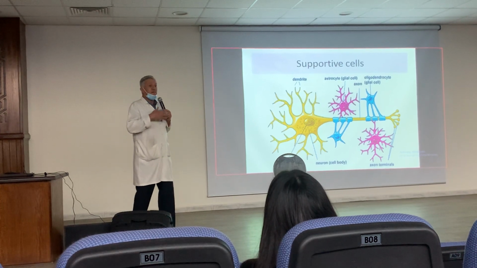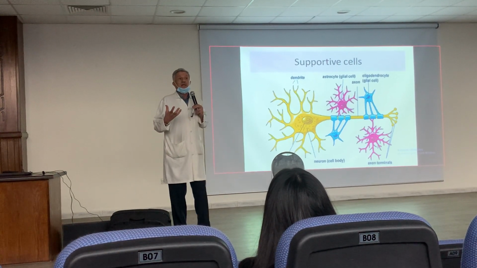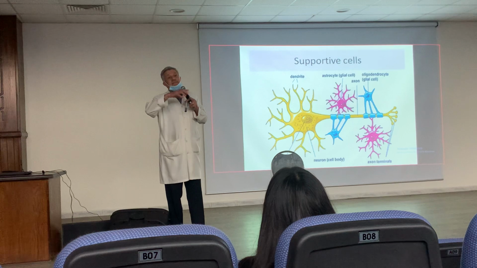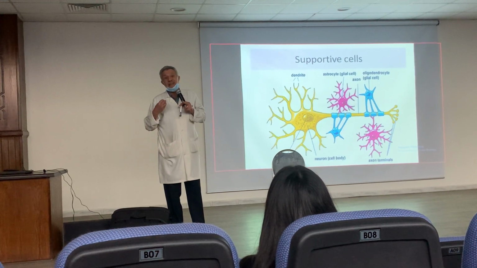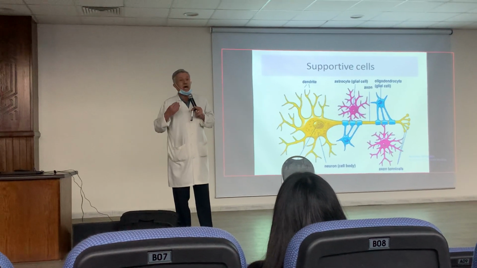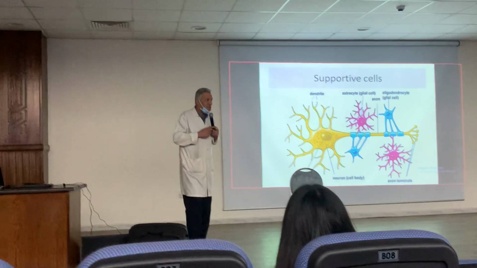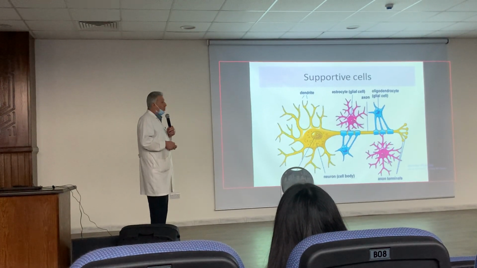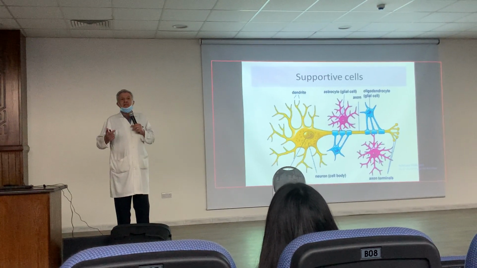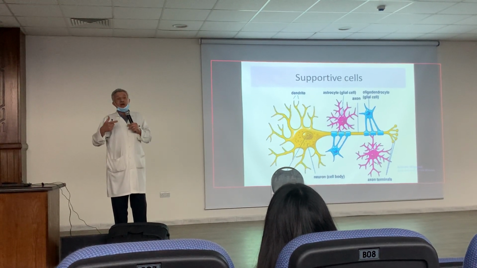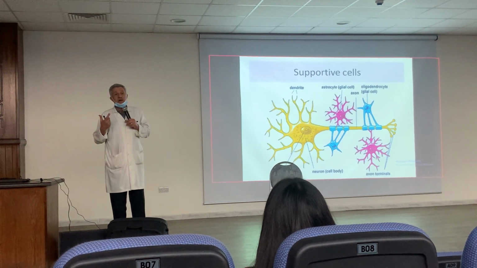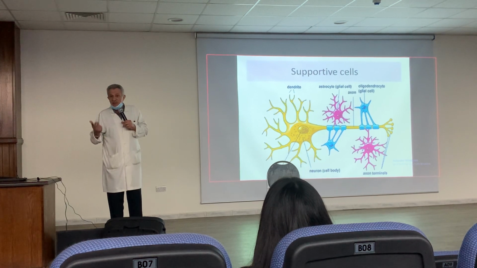But the main function is to keep the media around the neuron very clean media. They are performing a lot of functions actually. One of the functions, they are having phagocytic ability. What do you mean by phagocytic function?